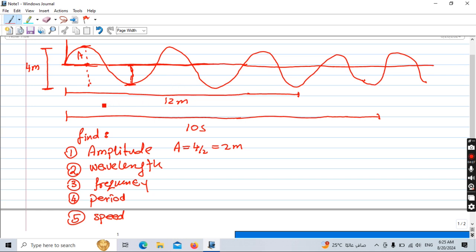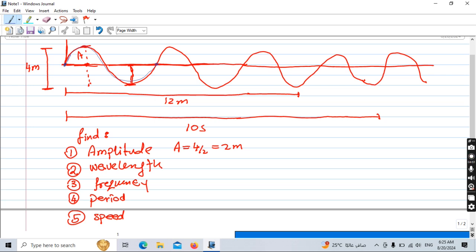Now we would like to find the wavelength. To answer the second question, we would like to see where the wave starts. It starts from here and completes a full oscillation. So this is one full oscillation. This is the first one, and then it repeats itself again and again.